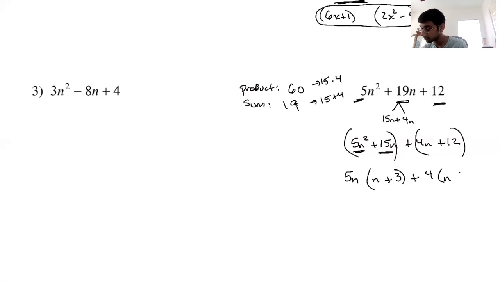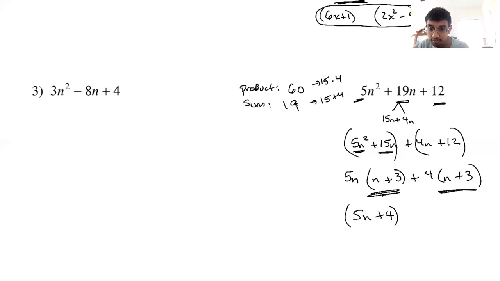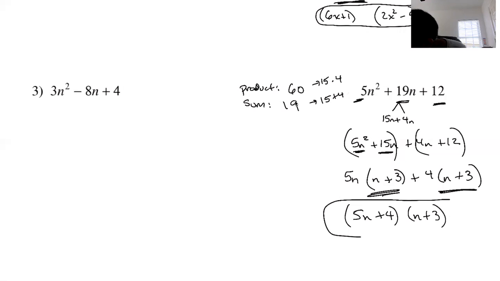So n plus 3. And we see we have a common thing right here. So that means we could go further. So now we're going to do 5n plus 4, because those two things are on the outsides of both parentheses. And since we have 2 parentheses whose insides are the same, we'll just make those into one giant thing, which would just be n plus 3. And there is our answer.